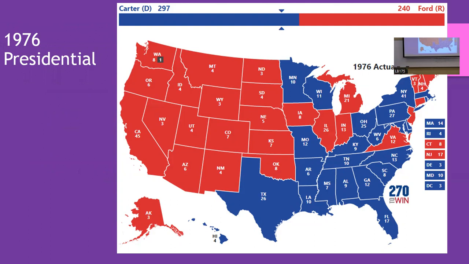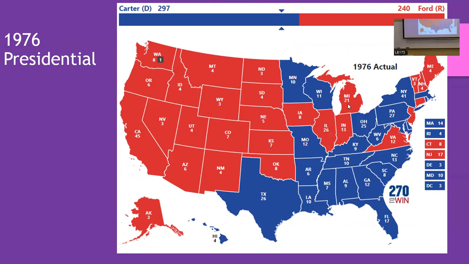Here's some famous elections. I should say famous. In the 1976 presidential election, this is what the map looked like for the electoral college votes. I bring this up because notice in 1976, Michigan had 21 electoral college votes. Now we're down to 15.